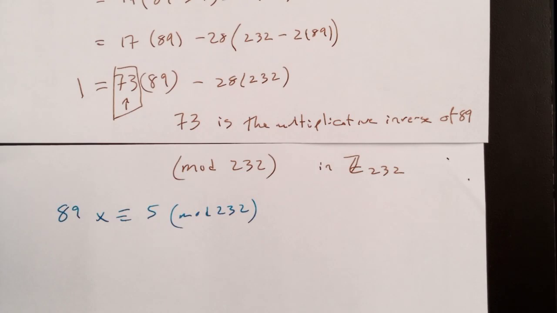But I don't know how to divide in mod 232s. So instead of dividing, what do I do? You multiply by 73. I multiply by the inverse.